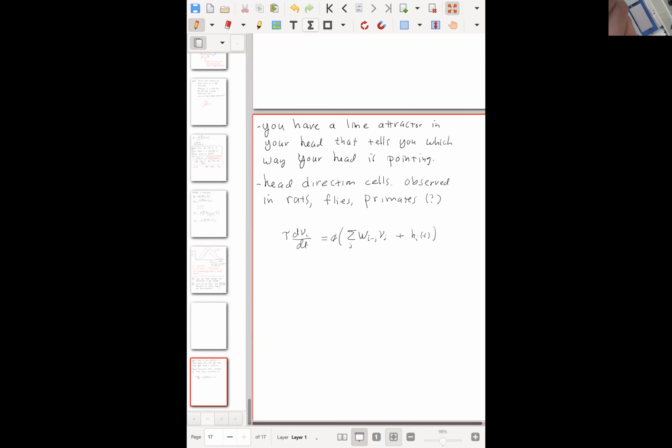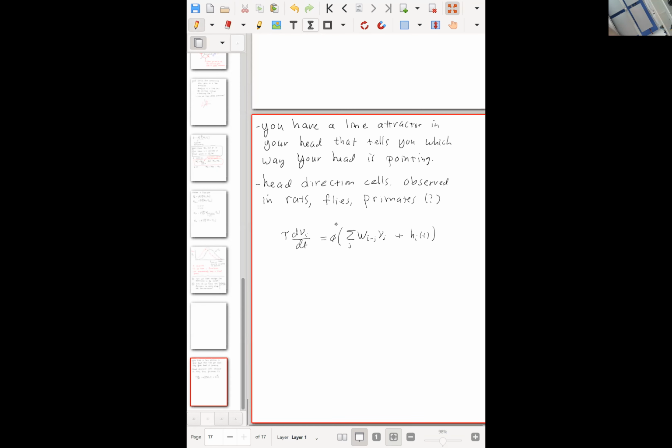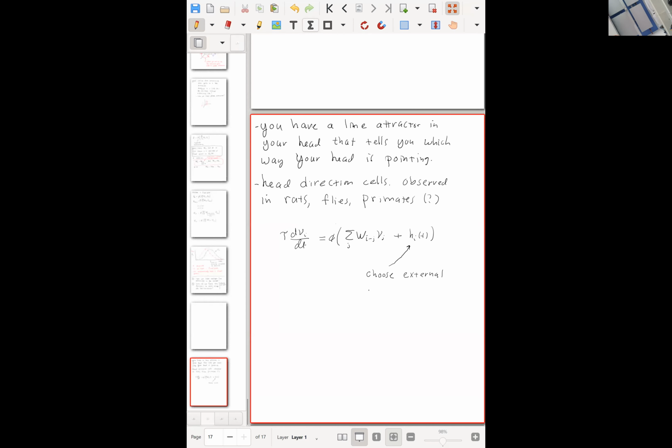We'll actually see later it has to be more complicated than that. So we want to choose the external input to move the position of the peak along the line.